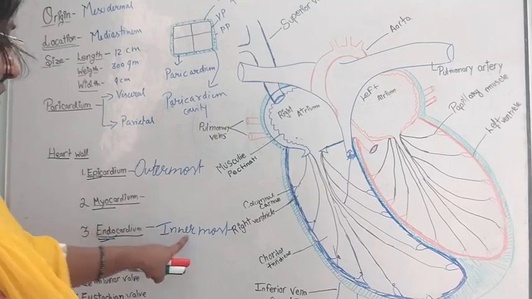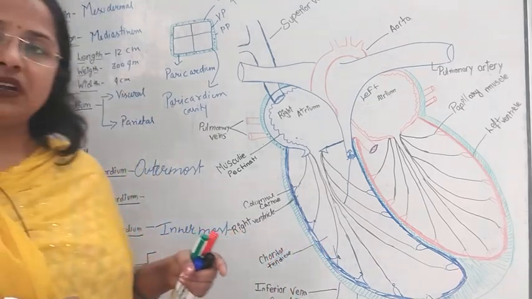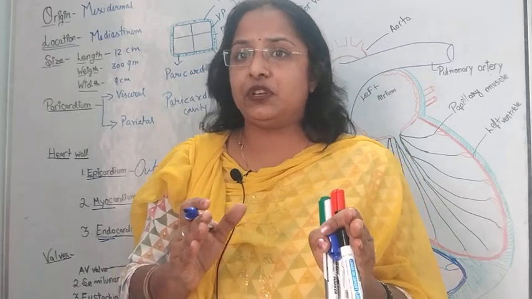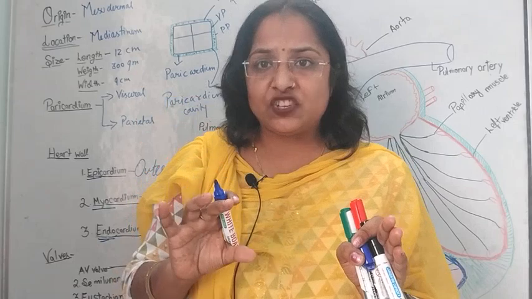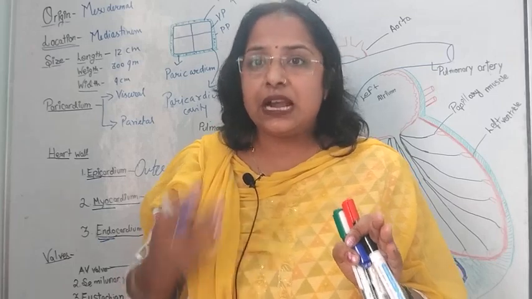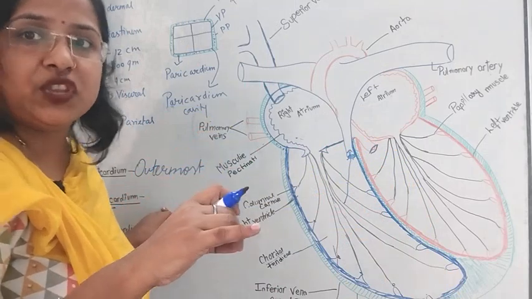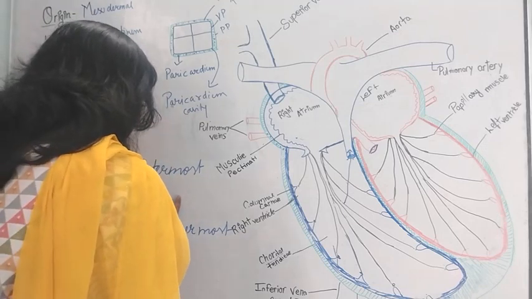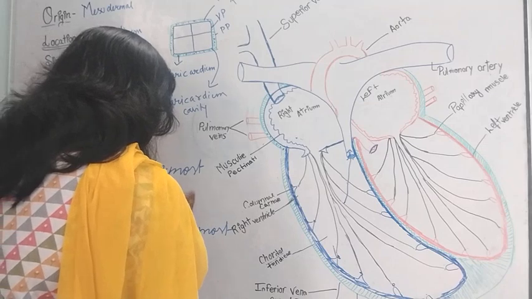Between the outermost and innermost layers is the myocardium. Myocardium provides a unique feature to the heart wall: continuous rhythmic contraction and relaxation are possible due to cardiac muscles. Cardiac muscles have the unique property of rhythmic contraction and relaxation, and they are present in the myocardium. Myocardium consists of cardiac muscles.